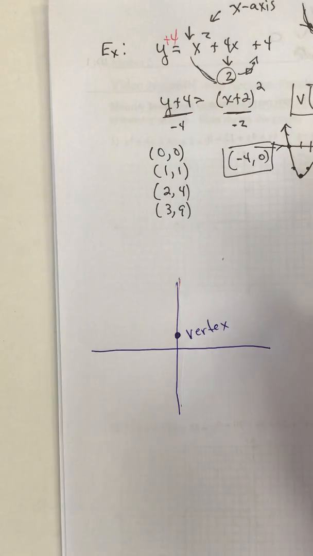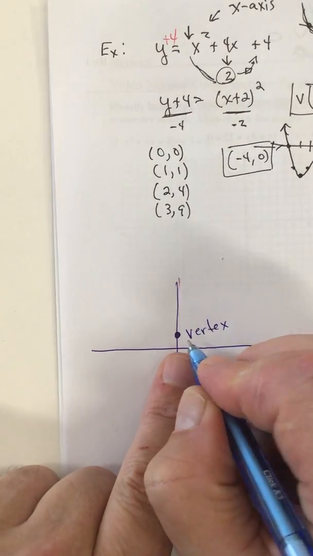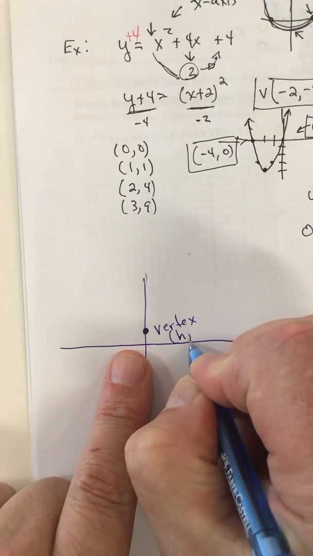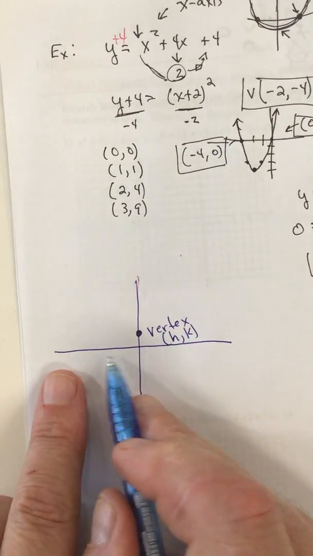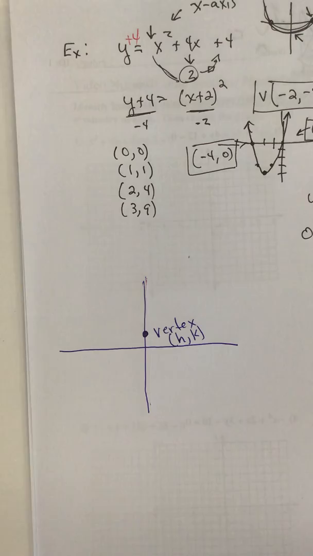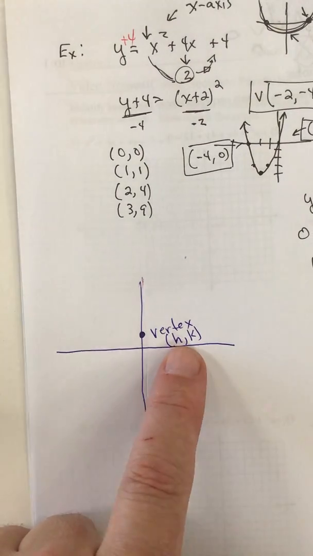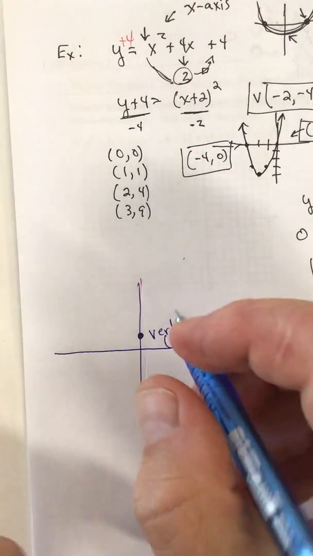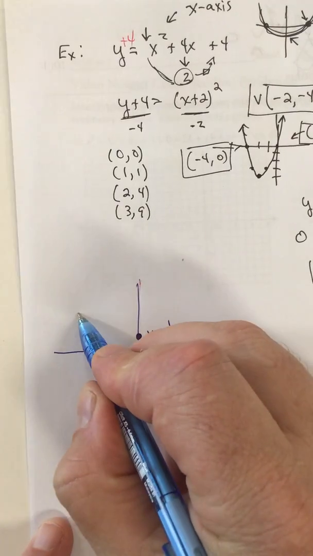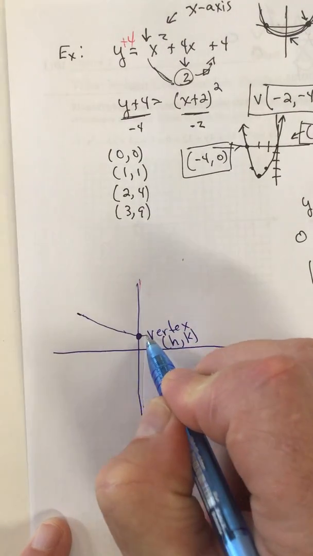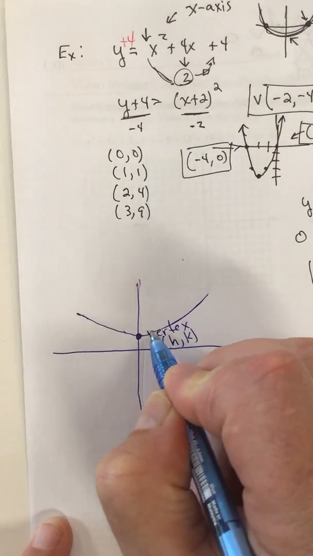Now, in math circles, the vertex is usually not called x and y. It's usually called h, k, because x and y sometimes refers to the x and y axis. So that point's going to be called the point h, k generally. Okay, so we have a parabola going around that thing. Let me just draw a general parabola.